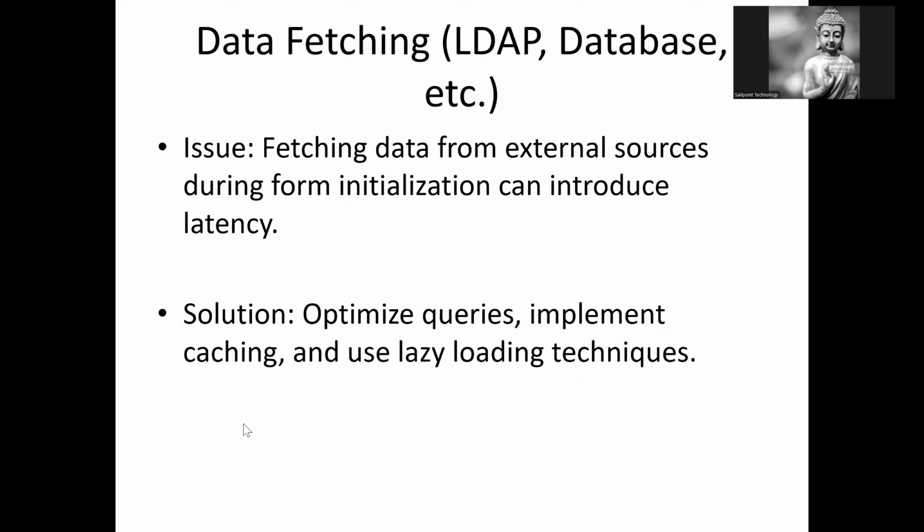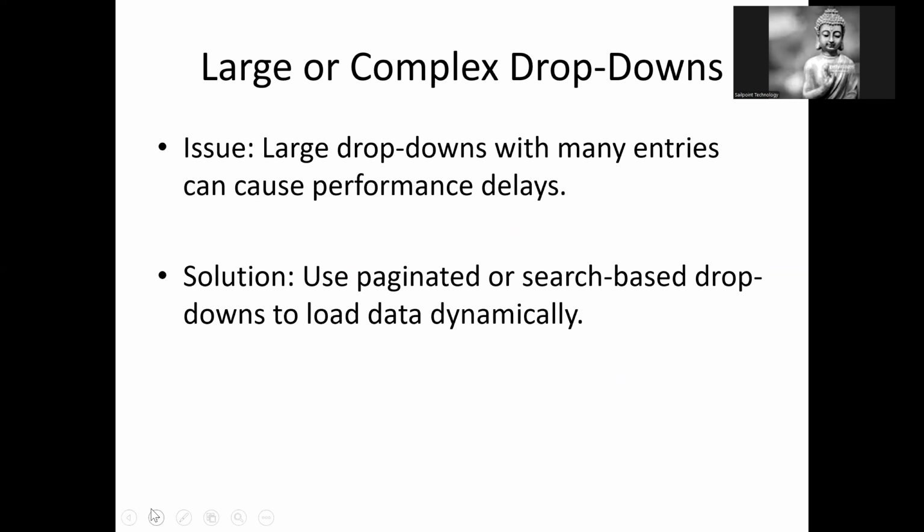Like this, you can tell a couple of reasons, and one more reason is related to what I talked about now. You have a drop down in this form, and in this drop down you have many values. In that case, you use the pagination technique or a search based drop down to load the data dynamically.